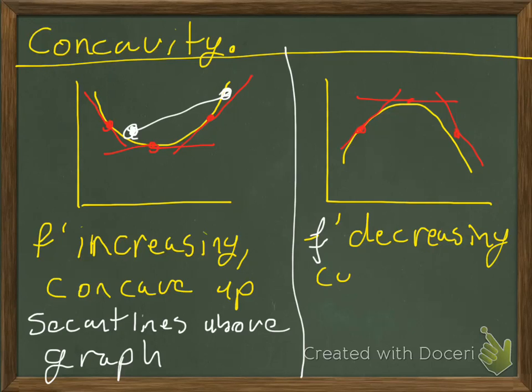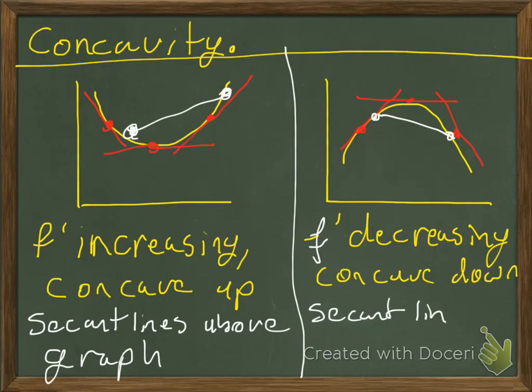F prime is decreasing, so we have concave down, and our secant lines would appear under the graph, or below the graph.